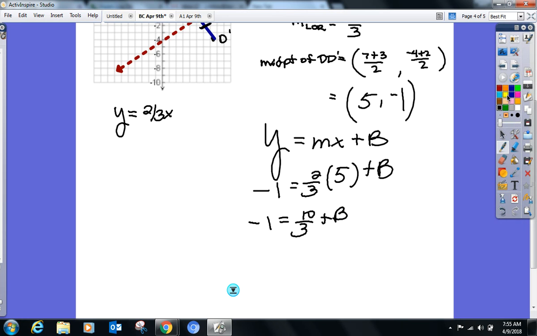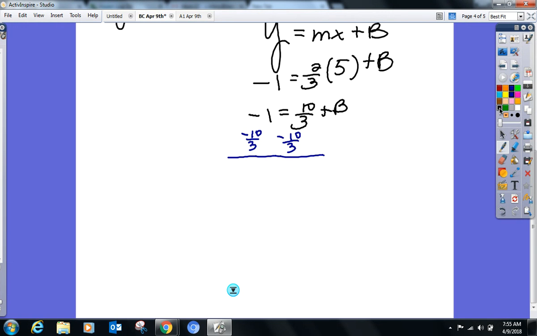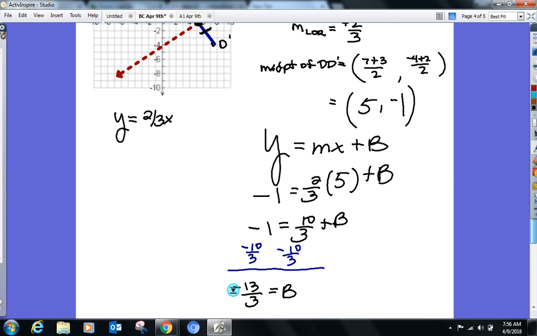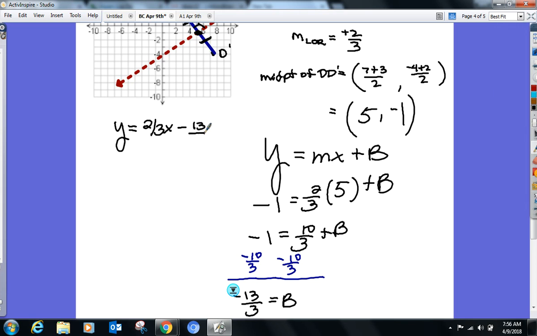Subtract 10/3 on both sides. Type it in your calculator. I'd get practice at it now, because you never know what it's going to look like tomorrow if this is a question on there. And if my memory is correct, b is -13/3, where it crosses the y-axis. And there it is: y equals 2/3 x minus 13/3 for your line of reflection.